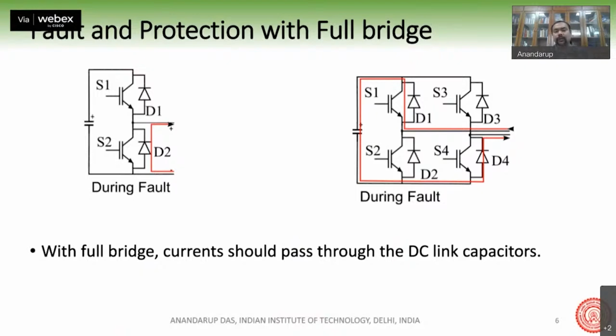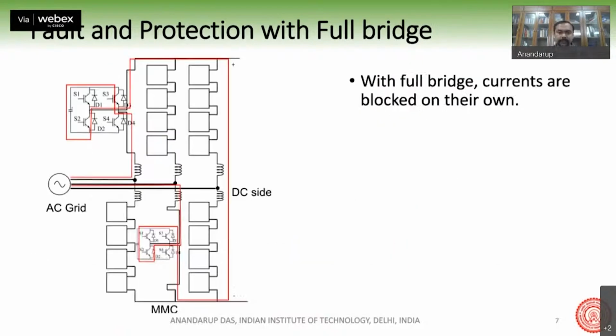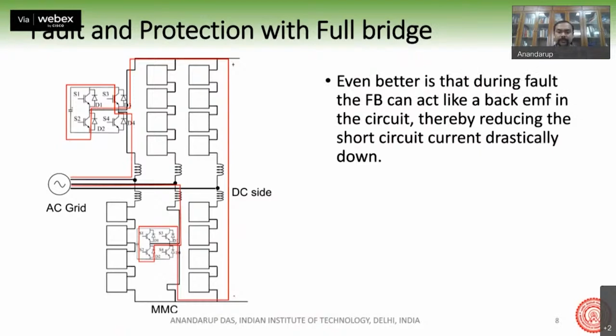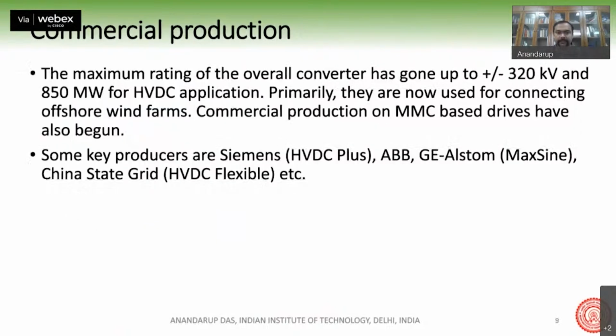So although the full bridge has 4 switches instead of 2 switches in a half bridge, people sometimes prefer the full bridge because it has this inherent fault limiting feature. We have shown with the analysis that during a fault, even the full bridge can act as a back EMF in the circuit, thereby reducing the short circuit current drastically.